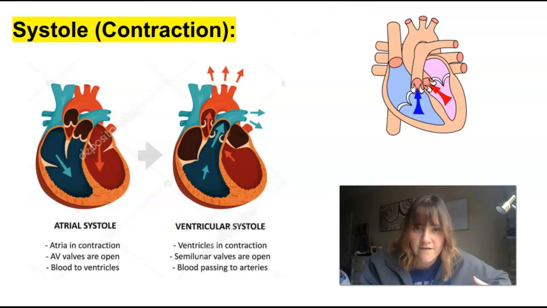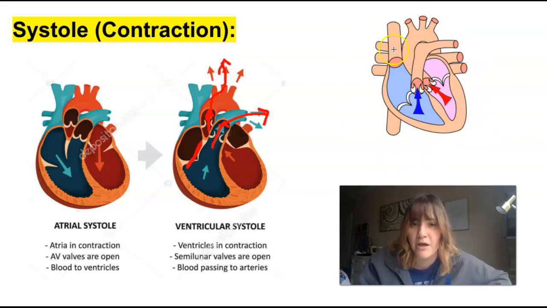So the AV valve closes, the ventricle is going to start to build up really, really high pressure to the point where eventually the semilunar valves or the aortic valves will open and the blood can flow either to the lungs, which would be this one, or to the rest of the body from the aorta.